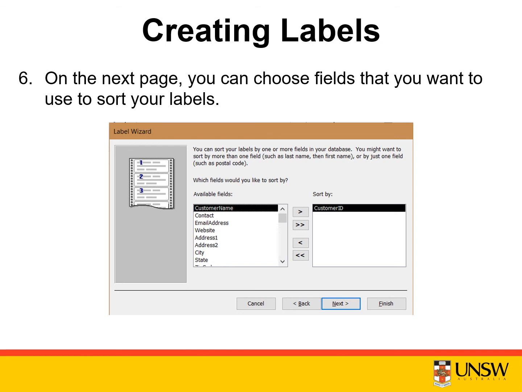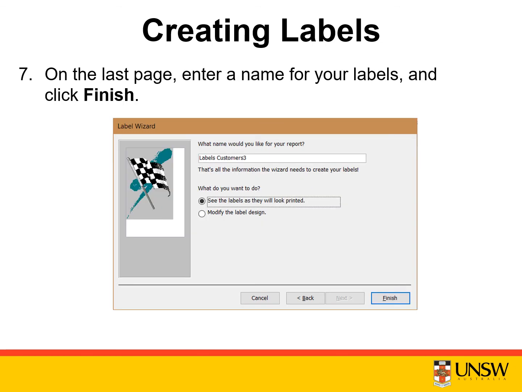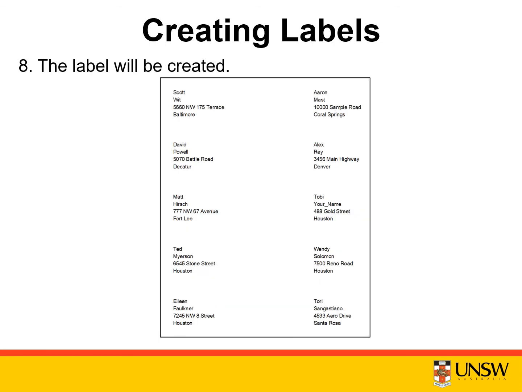For example, you can sort the labels based on first name, last name, or city. Finally, type a name for your report label and click Finish to generate the labels. The demo in the next slide shows you a practical example of how to create labels using the wizard.